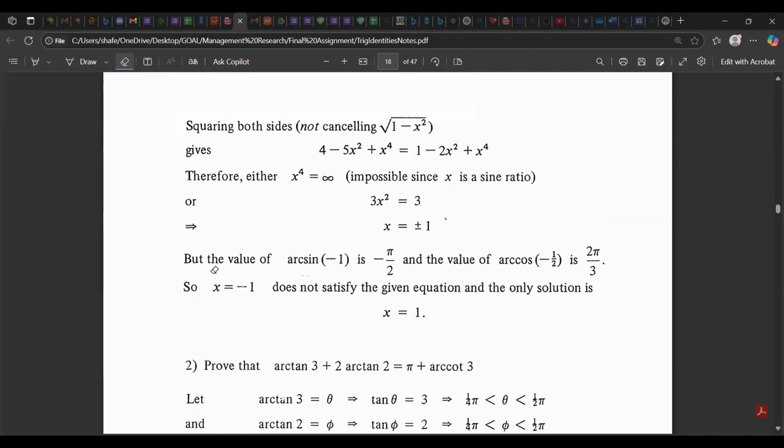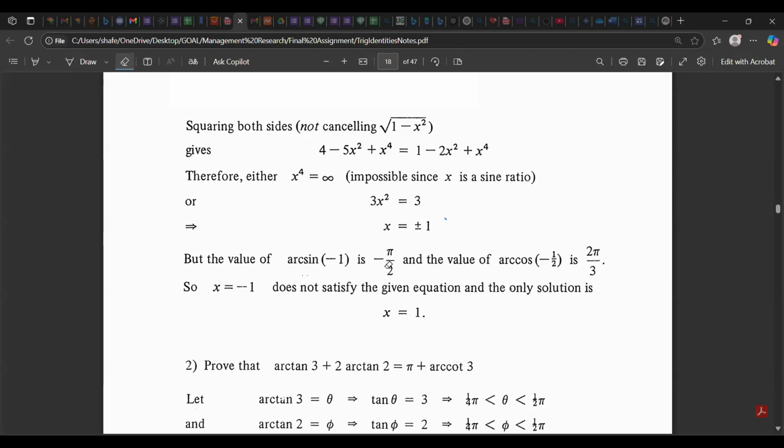Good. So remember, x is arc what? You have arc sine x and arc cos x over 2, remember you got those, right? So the value of arc sine minus 1 is this. And the value of arc cos minus a half, remember x is, sorry, minus 1 in this case. They're doing minus 1.